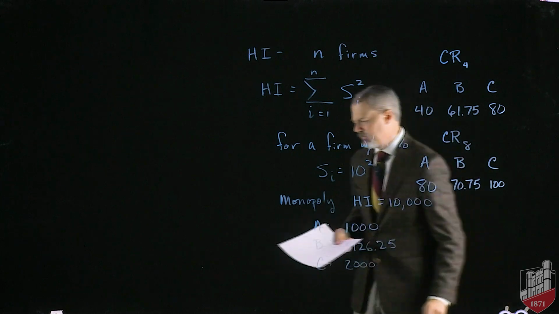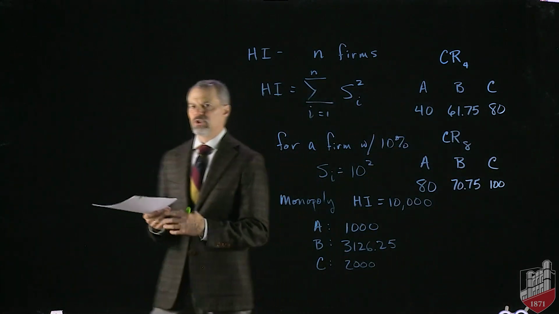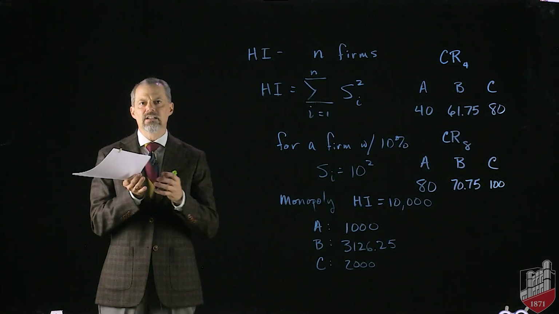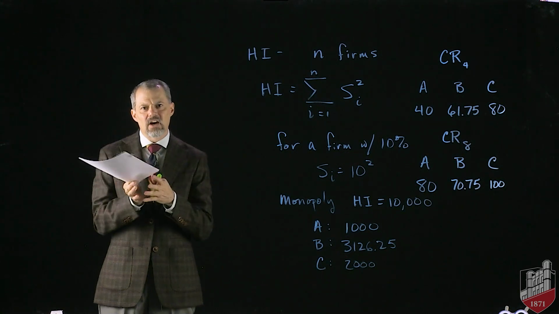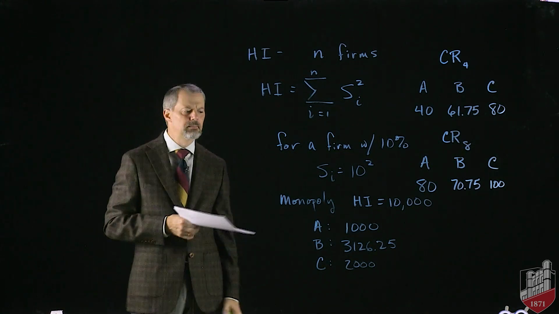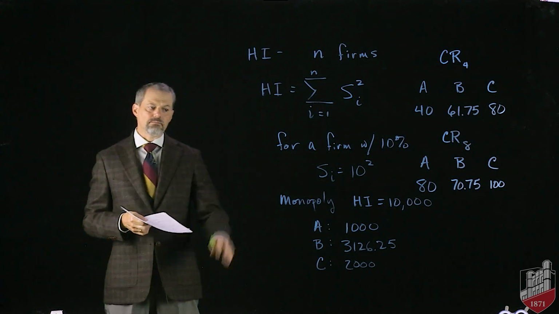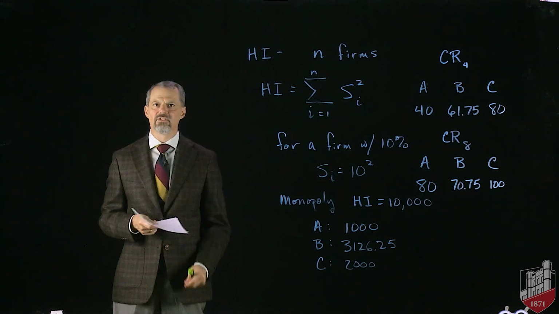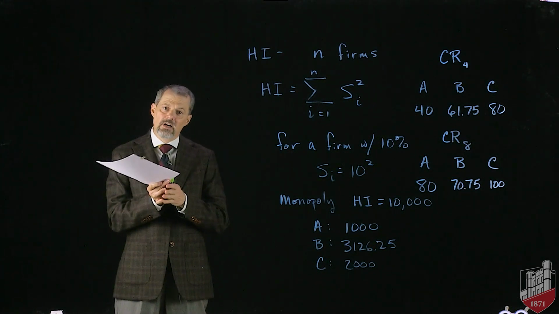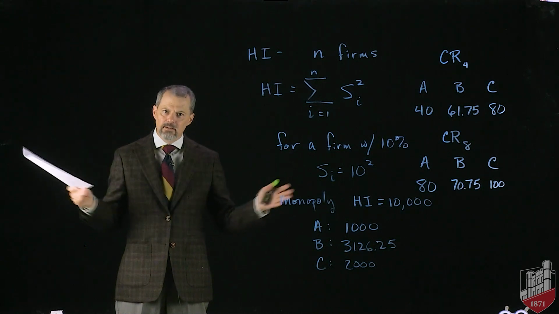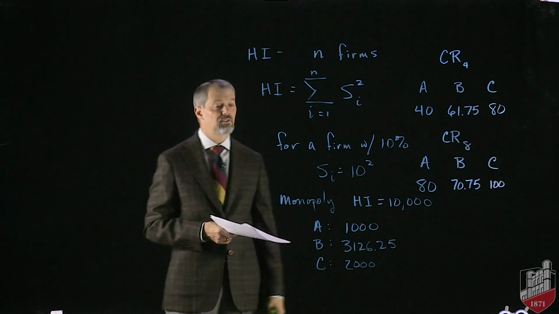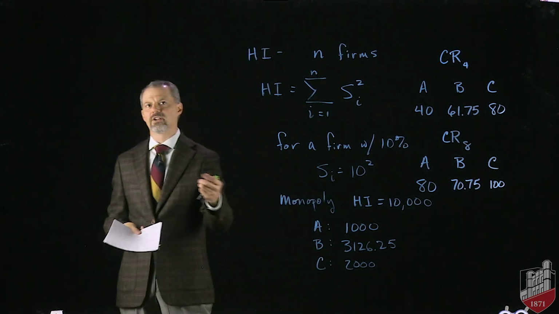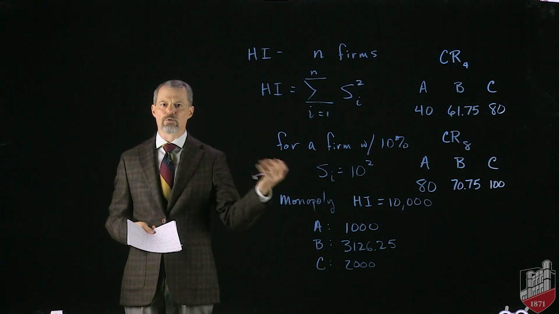Uncertainty of outcome is hard to achieve if you have a league where there's very little parity, where the talent is concentrated in one or two teams. And so the Herfindahl-Hirschman index is used as a measure of how evenly parity is distributed across teams. So rather than looking at market share, you might look at the share of championships won over time.